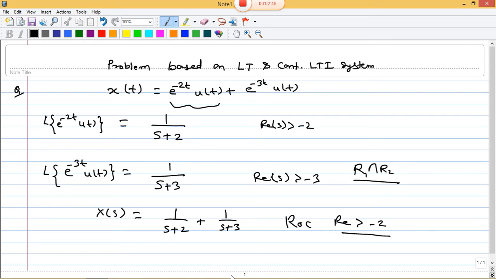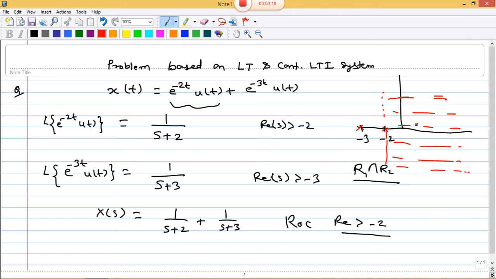Now how can we represent this graphically? So this is minus 2 suppose, and this is minus 3. This is the pole here, and now our ROC is like this.